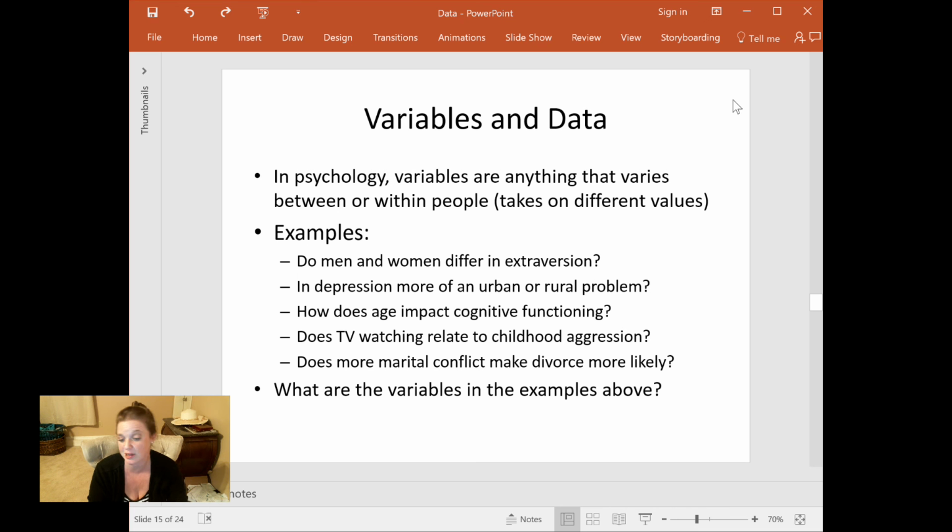Does TV watching relate to childhood aggression? Well, TV watching is probably not going to be, do you watch TV or not? It's probably going to be, how much TV do you watch? 1 hour, 2 hours, 3 hours, 4 hours, 5 hours, 6 hours, 7 hours, right? And so we're going to have a quantitative variable of TV watching.